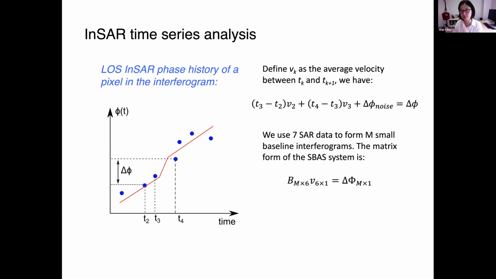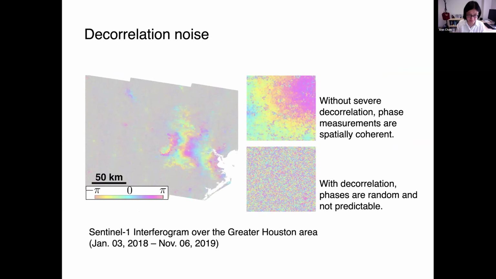The key difference between deformation and tropospheric noise is that tropospheric turbulence noise tends to be random in time, while the deformation tends to have some kind of characteristic, like a circular motion, a transient motion. So you could incorporate a deformation model that aligns with the signal you're looking for. Hopefully that will help you to better isolate these two components.